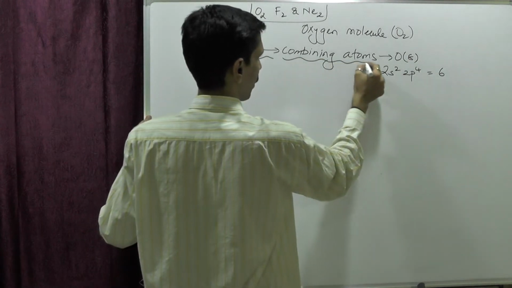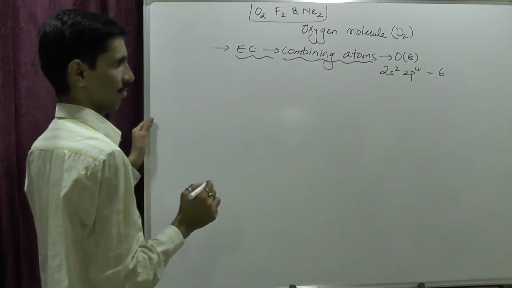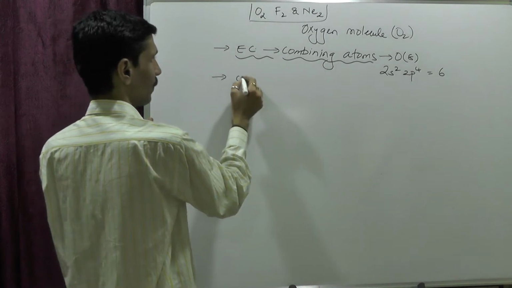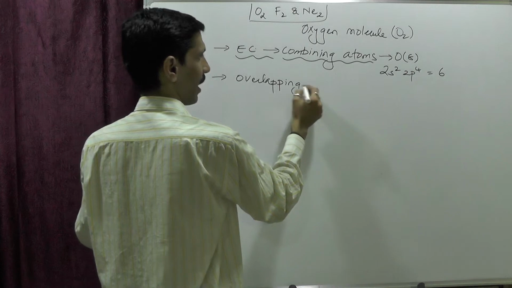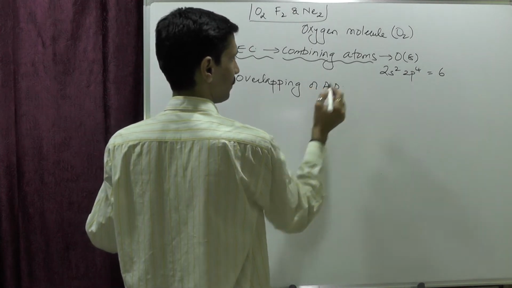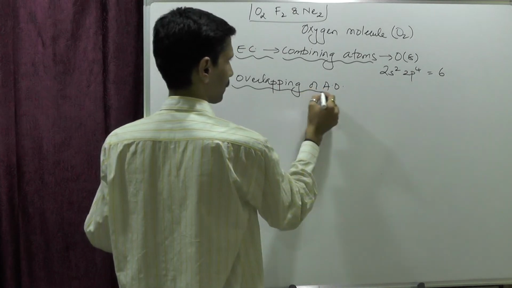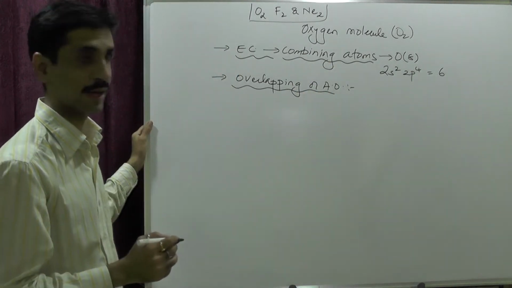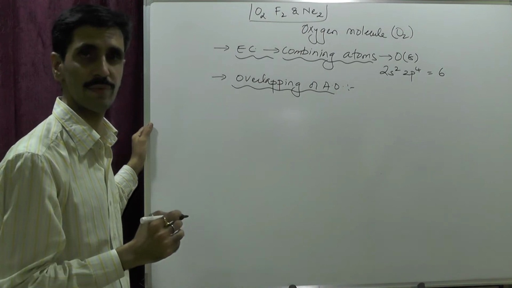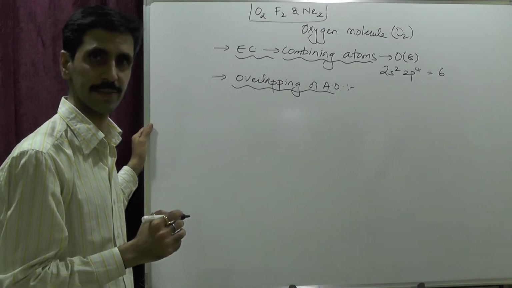Electronic configuration of combining atoms. Point number 2, you know it very well: overlapping of atomic orbitals. Here we have a 2p orbital also, so we need to keep all these things in mind.